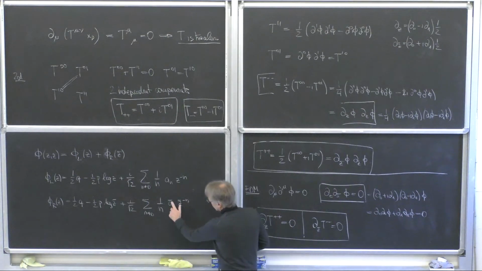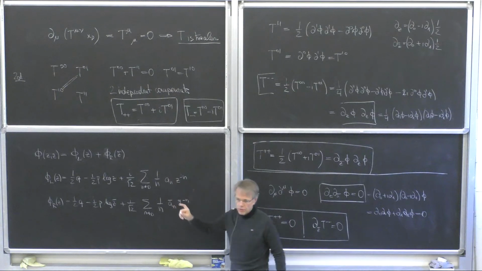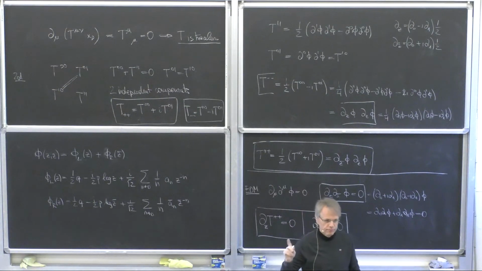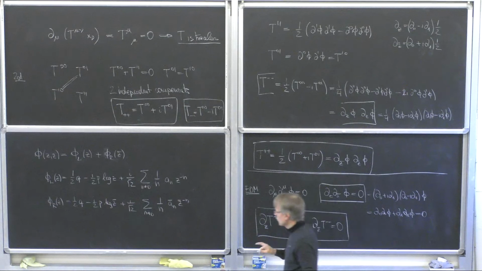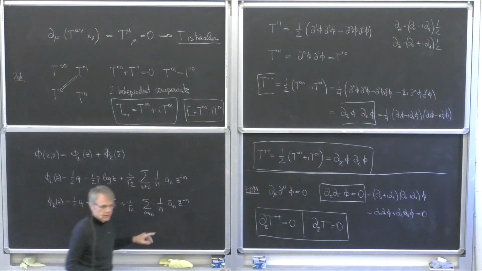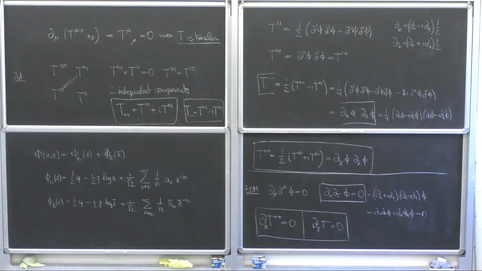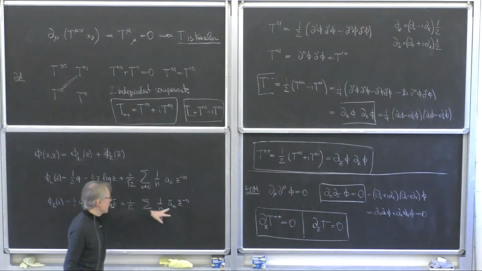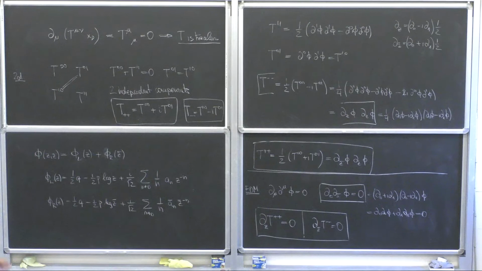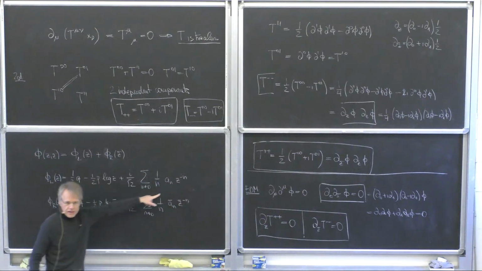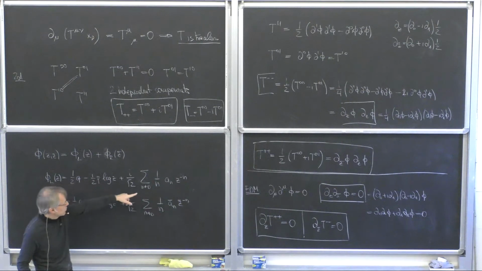That I call them Ā doesn't mean that they are the conjugates of A. They are not. I could have written them A_left and A_right, but common notation is that you call them A and Ā. So what I've done here is I've basically written down any power of z.